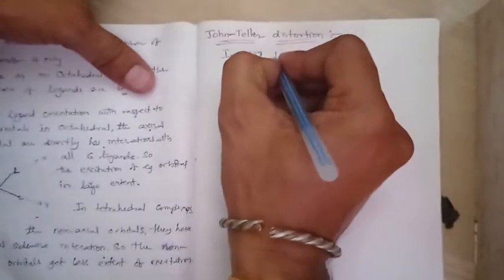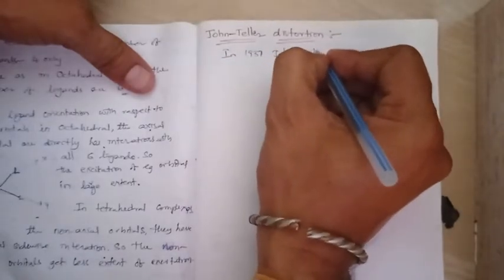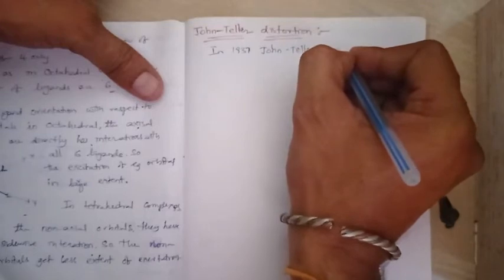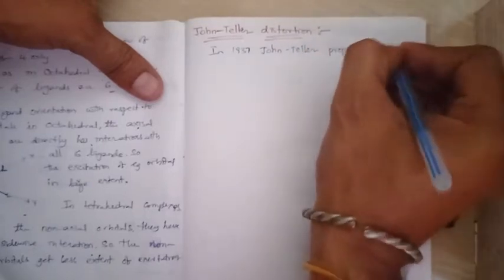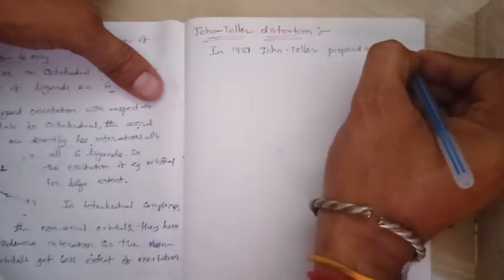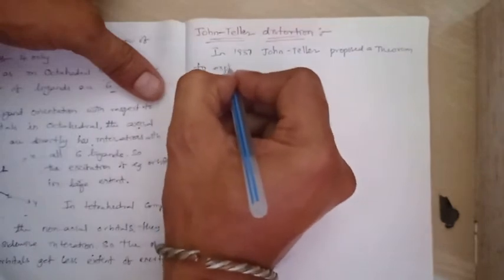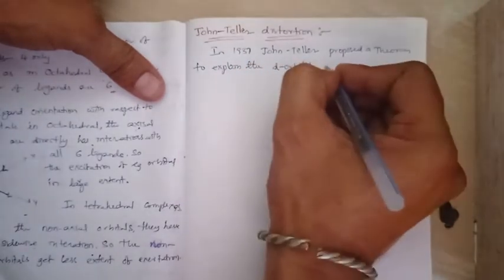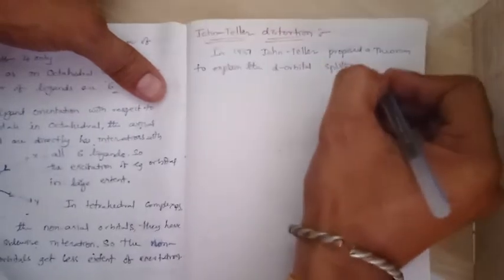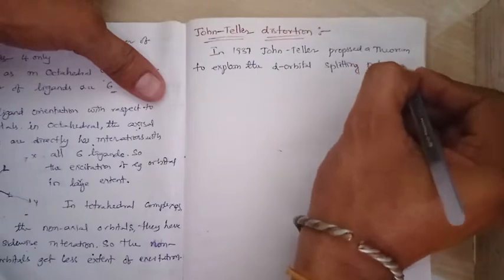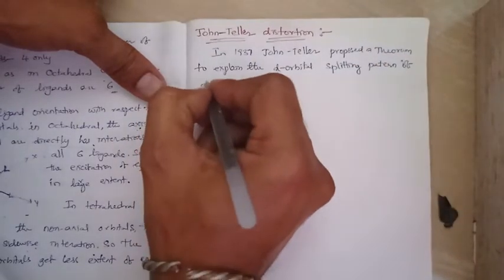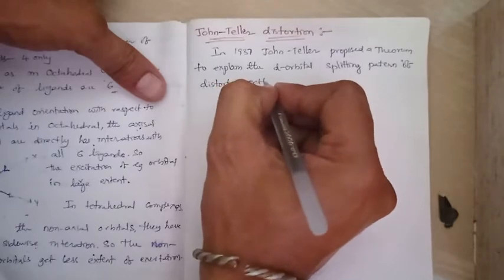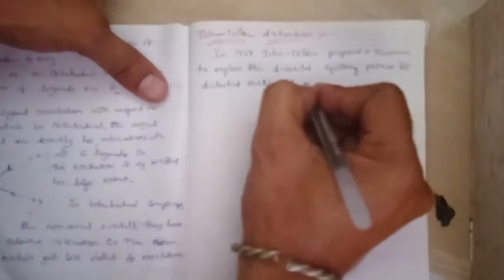In 1937, Jahn and Teller proposed a theorem to explain the d-orbital splitting pattern of distorted octahedral complexes.